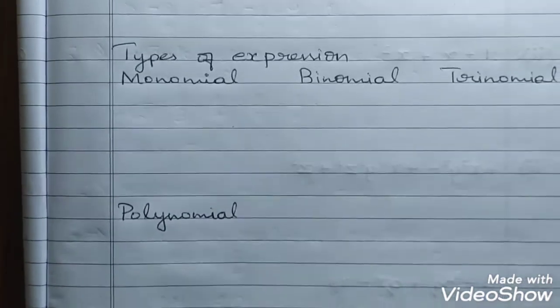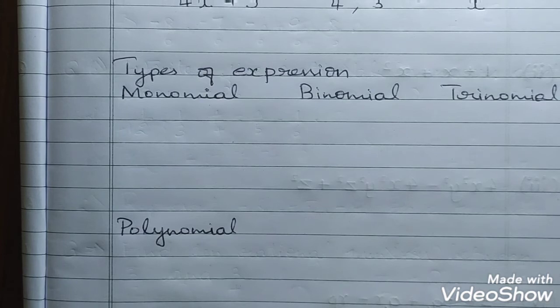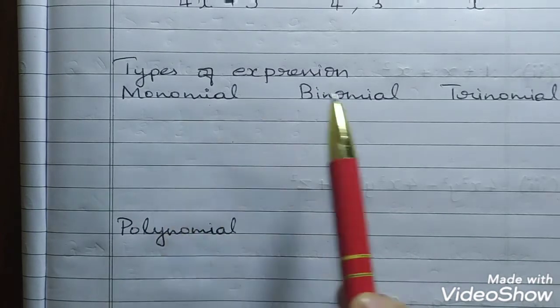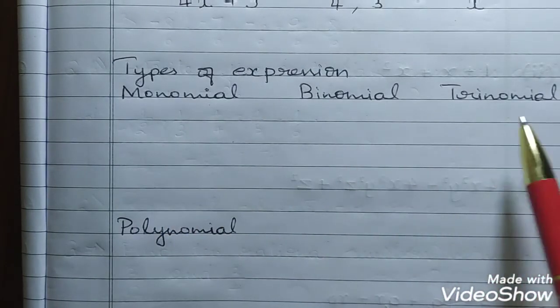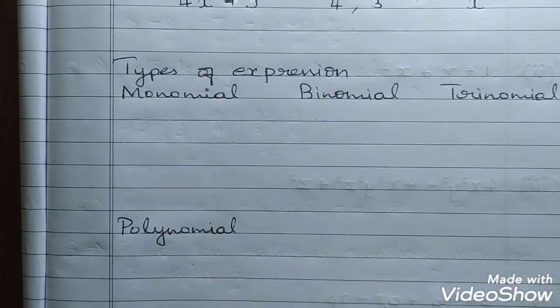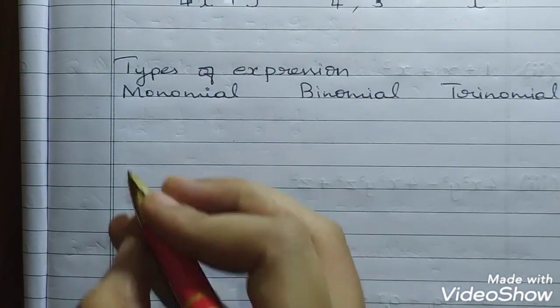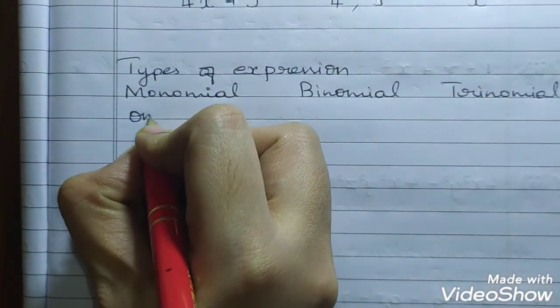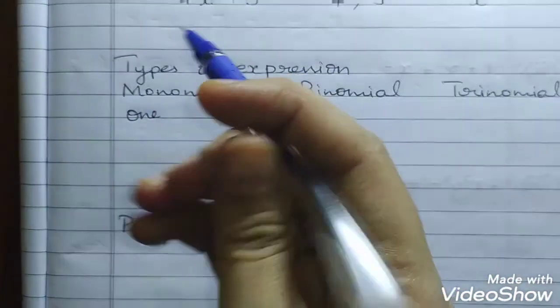Now types of expression. There are 4 types of expression: monomial, binomial, trinomial and polynomial. Okay, monomial has only one term.